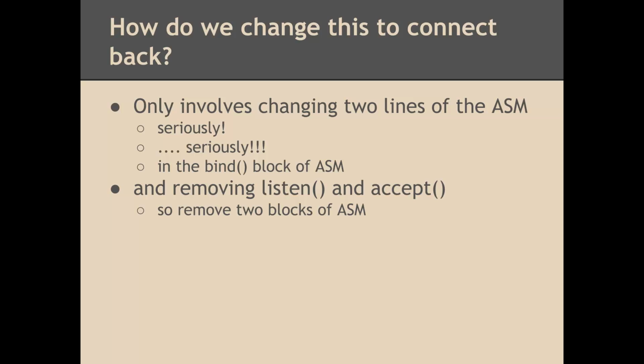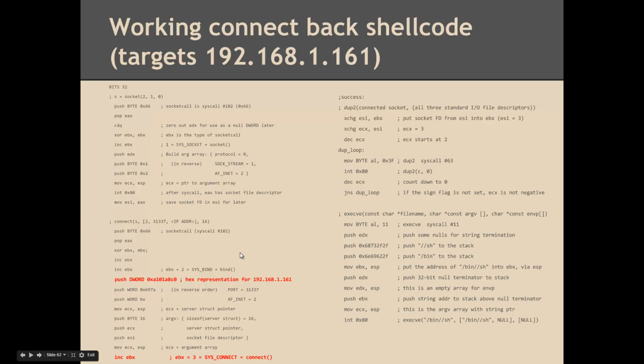So it really only involves changing 2 lines of the assembly in the existing port binding shellcode if you want to change this to connect back shellcode, and you just have to cut out listen and accept. That's it.